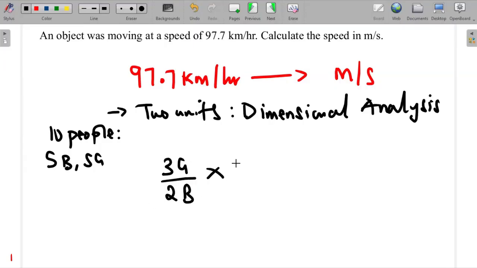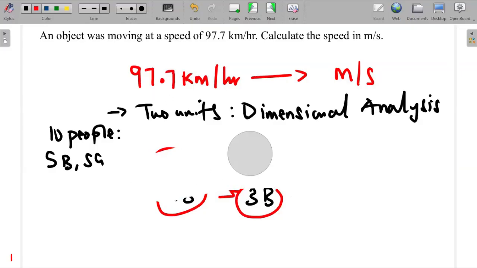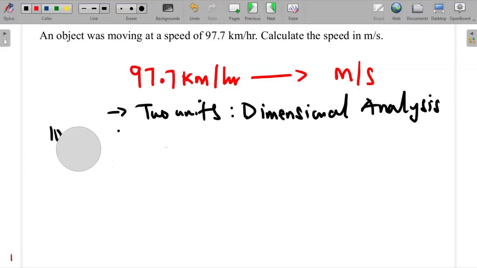I'll multiply with 2 girls and then 3 boys, so that these 3 girls can go to the 3 boys, and these guys will marry. And these 2 boys can go to the 2 girls and then they will marry. Something like that. That's how dimensional analysis works. But we'll get to look at it nicely.